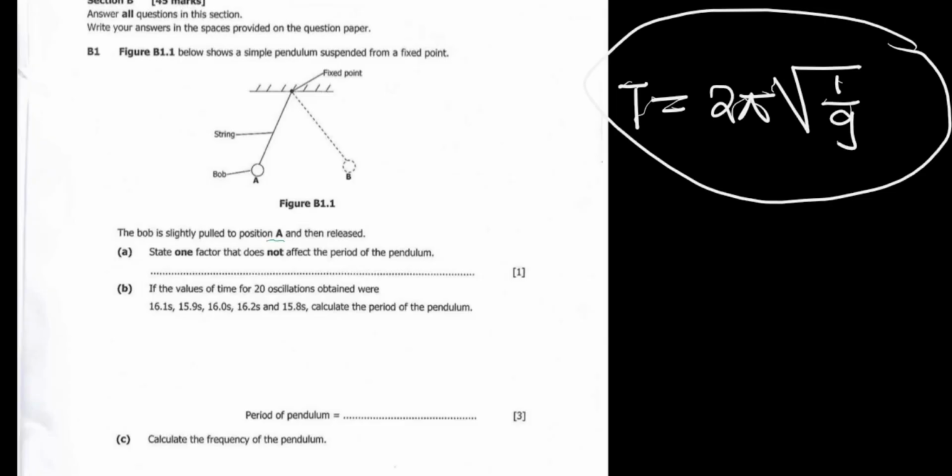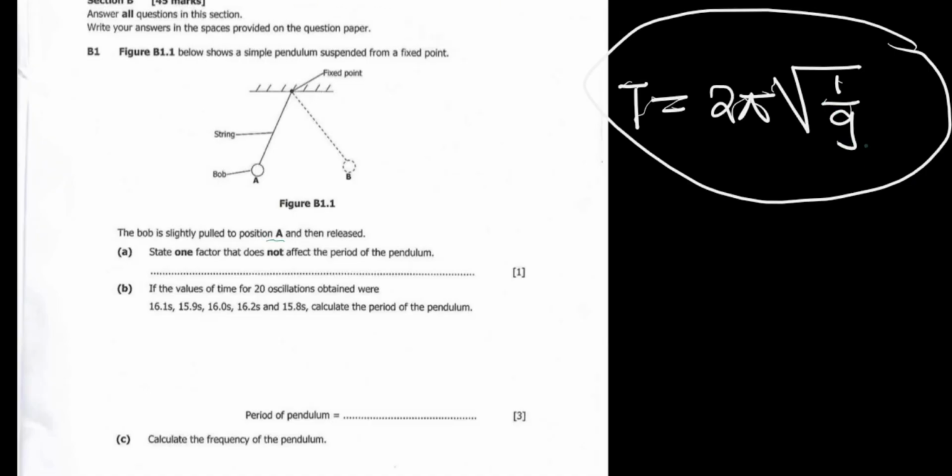Now, the period of the pendulum is given by the formula T, which is the period, equal to 2 pi times the square root of L over g. So this is the formula for the period of a pendulum. Now you will notice that gravity can affect the period of the pendulum.